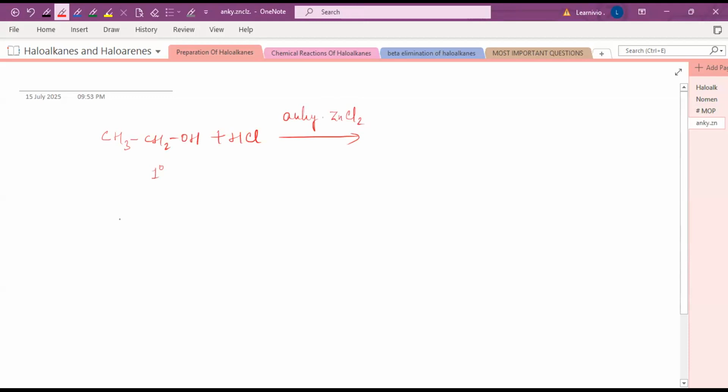Secondary, let's take the example CH3 dash CH3 over here. So this is a secondary alcohol. Let's see what will be the product. And this is your tertiary, again with CH3 groups.